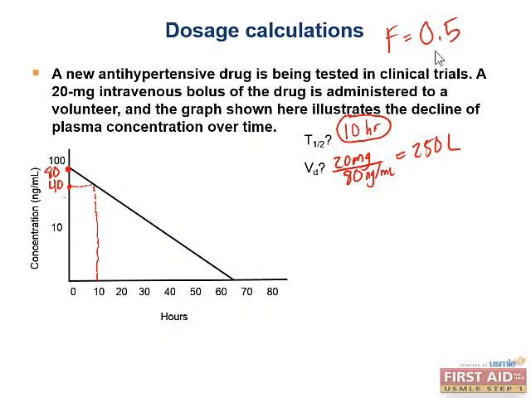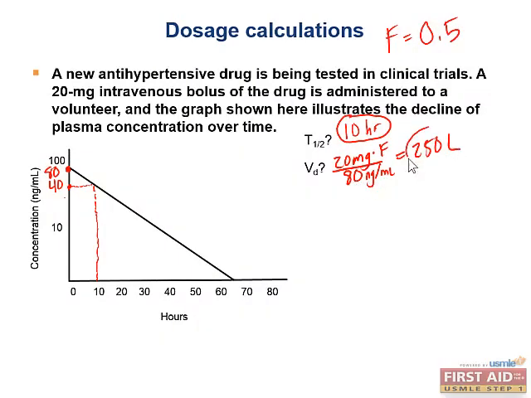Well, if our bioavailability is only 50%, it means only 50% or half of this 20 milligram dose actually made it to our target area. So that 20 would turn into a 10. So it's the top number, the numerator, times our bioavailability, or 0.5. So it would be 10 divided by 80, which would give you 125 liters.